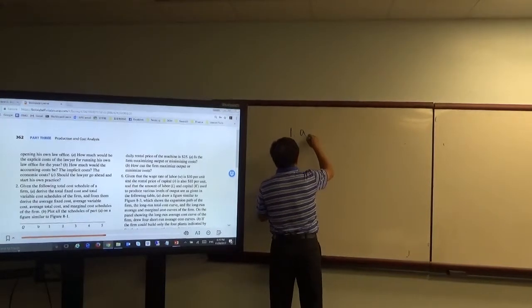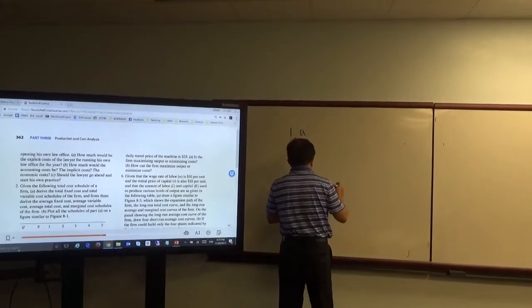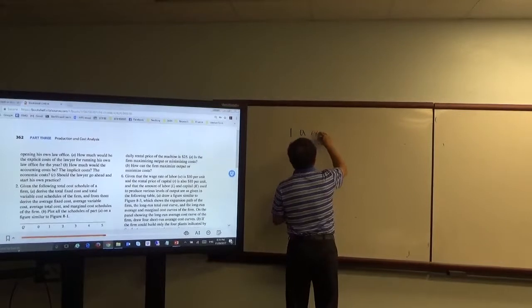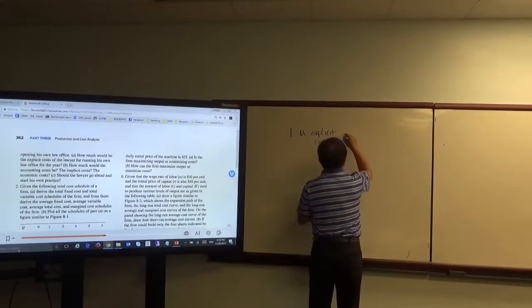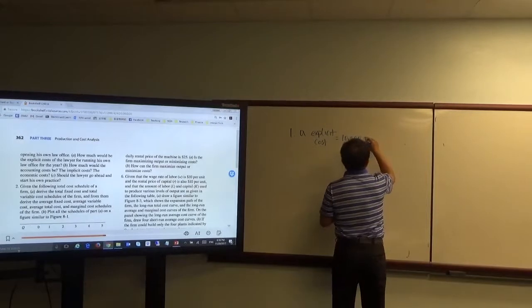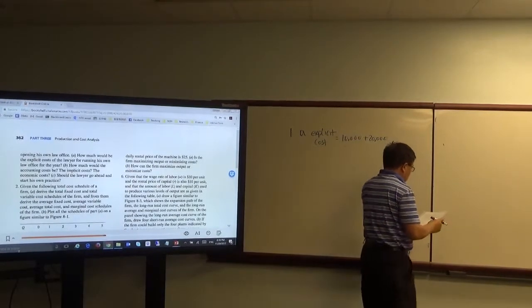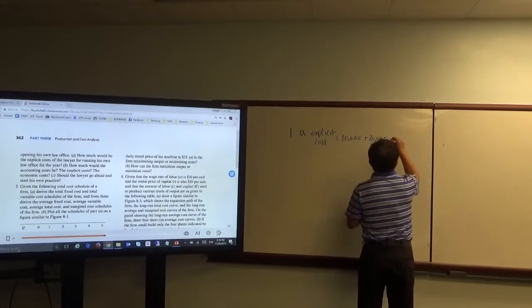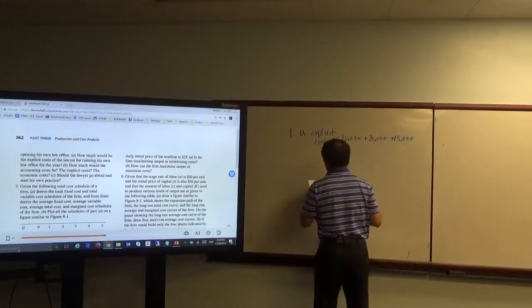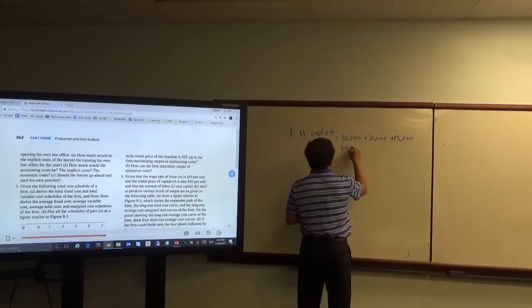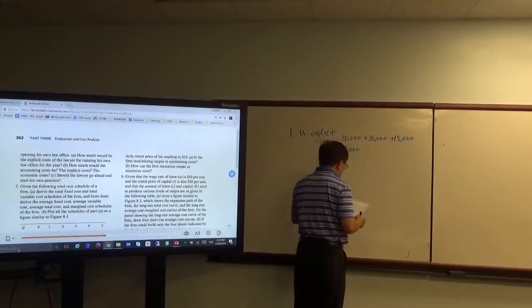So for part A, the explicit cost is equal to $10,000 plus $20,000. That's the secretary. Plus the 15,000 for the rent. And plus 5,000 for the utilities.